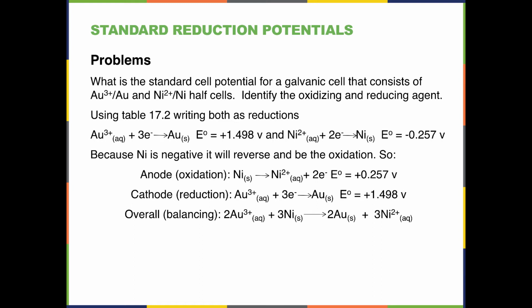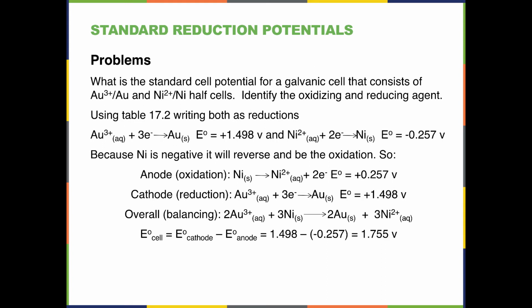So the overall reaction, balancing, is 2 times gold 3+ plus 3 times nickel gives 2 gold atoms and 3 nickel ions. What you're balancing here is the electrons. The number of electrons gained by the gold has to equal the number lost by the nickel, so you multiply the nickel side by 3 and the gold side by 2.